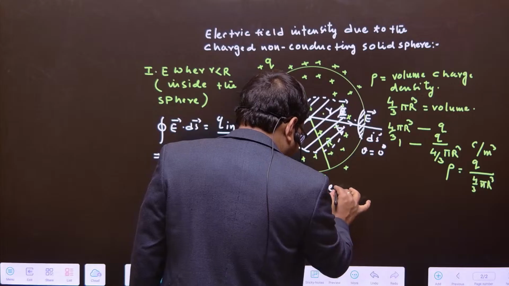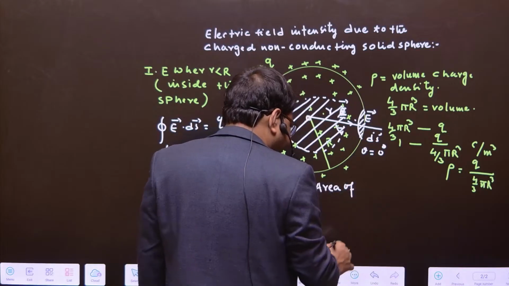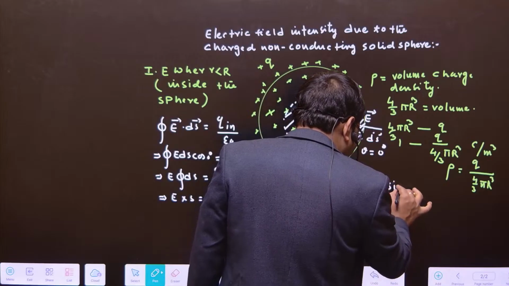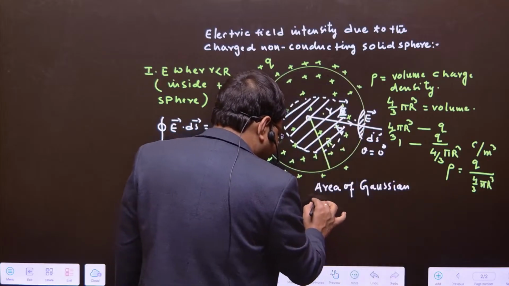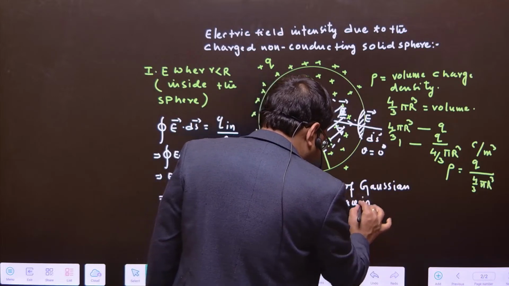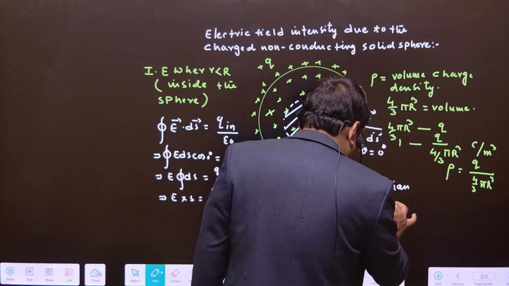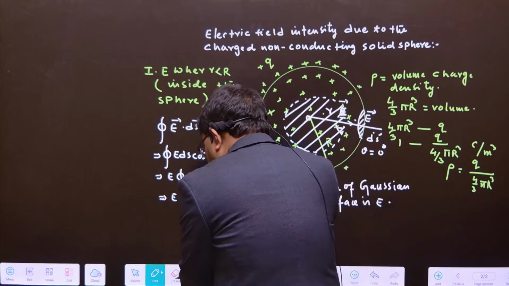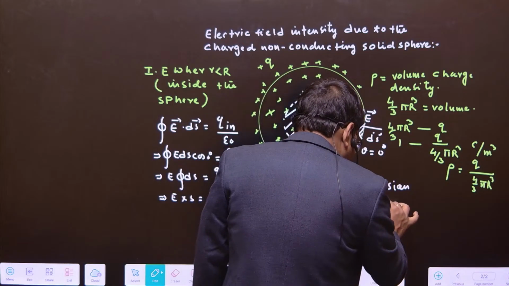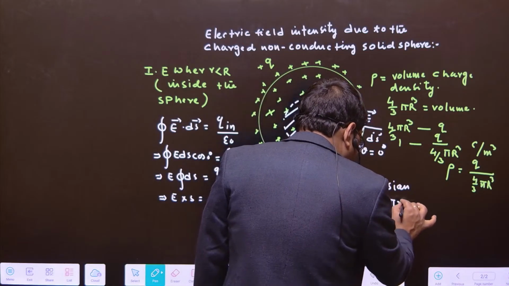Area of the Gaussian surface is A equal to 4 pi r square. Okay, 4 pi into small r square.